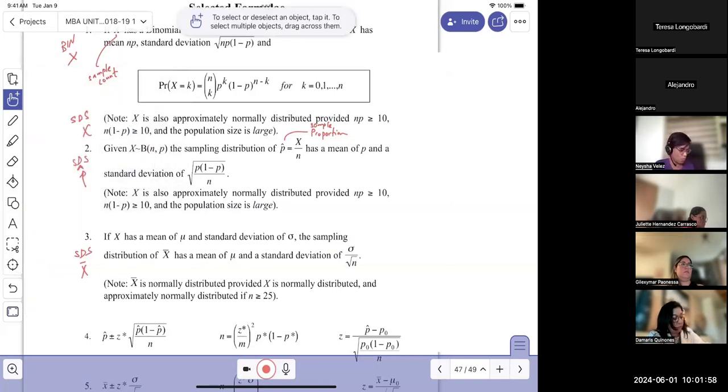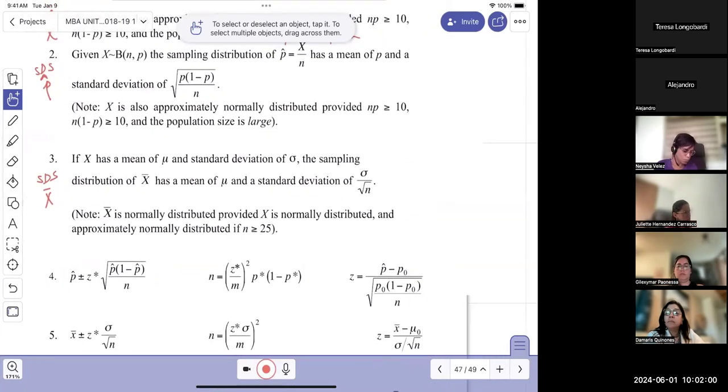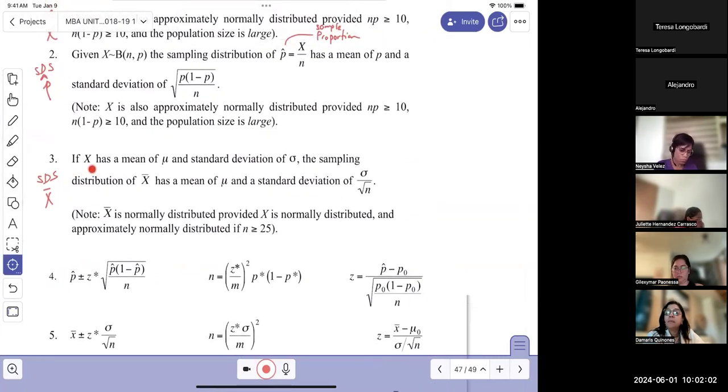So if you are told about a variable X that has a mean of mu and a standard deviation of sigma, what would you expect in a sample drawn from that distribution? What would you expect to see? That's what we're talking about here.